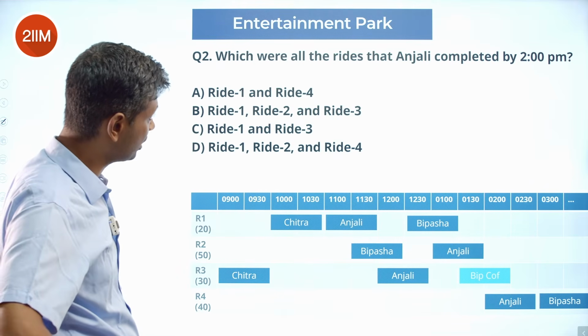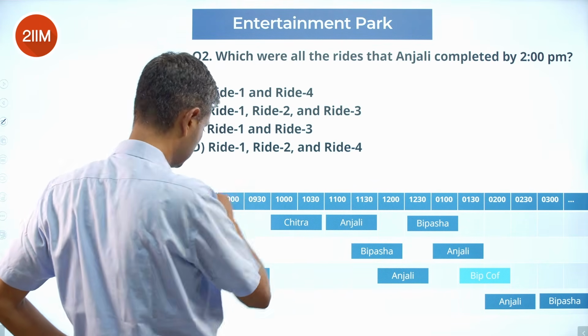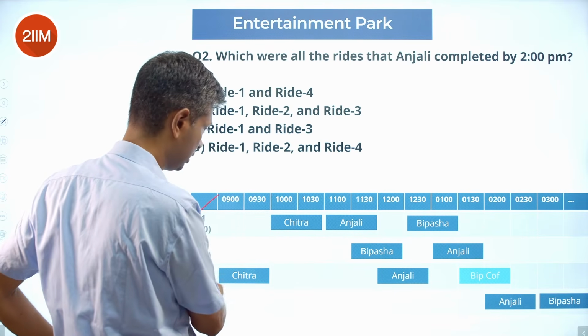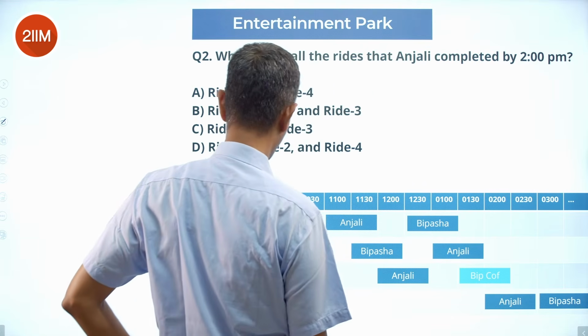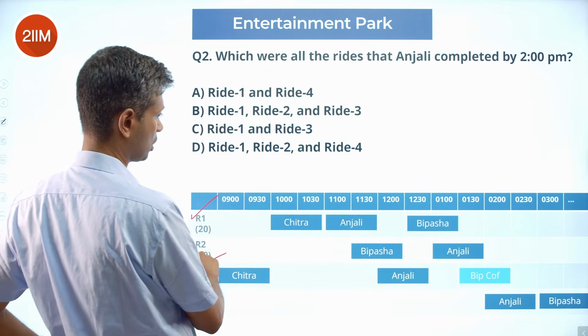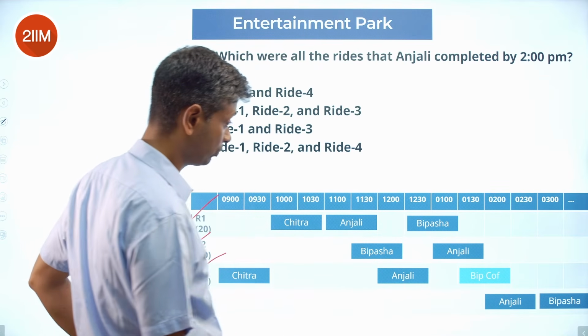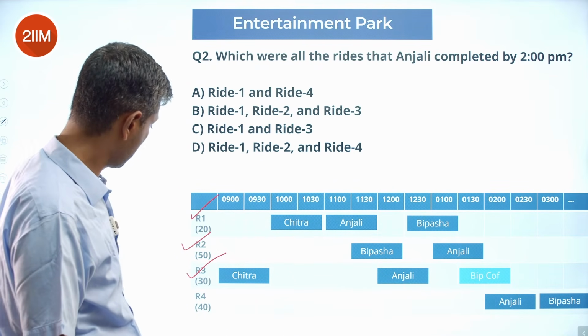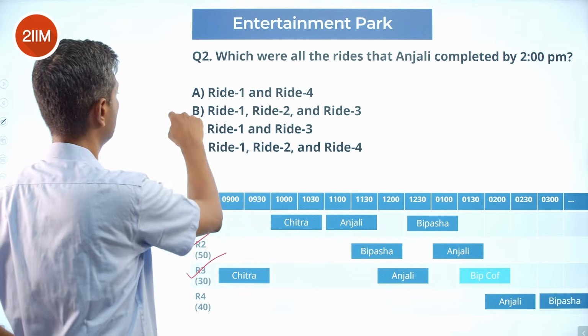Which were all the rides that Anjali completed by 2 p.m.? R1, R3, R3 is from 12 to 1, 1 to 2, R2. She starts at 1, ends at 2, yeah, by 2 p.m. 3 rides, R1, R3, R2.